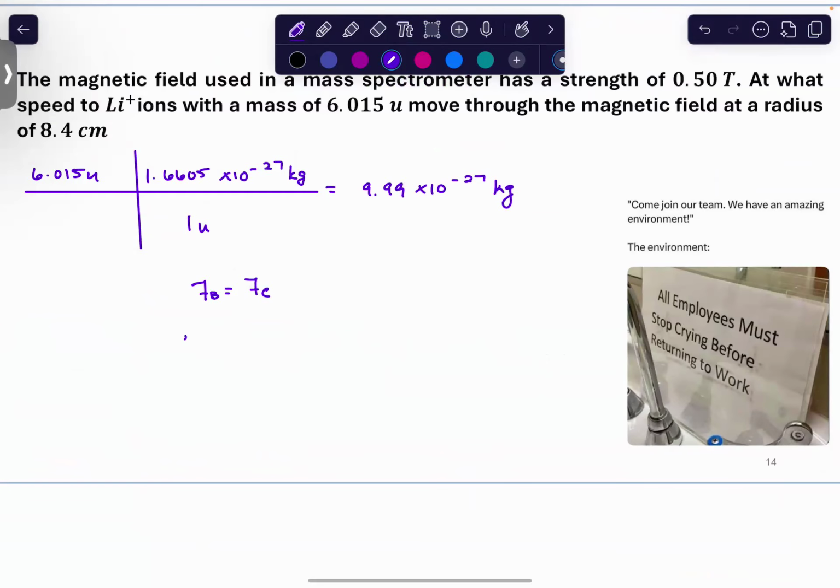So, FB is QVB, our centripetal force. We know our acceleration is V squared over R. We know force is mass times acceleration.